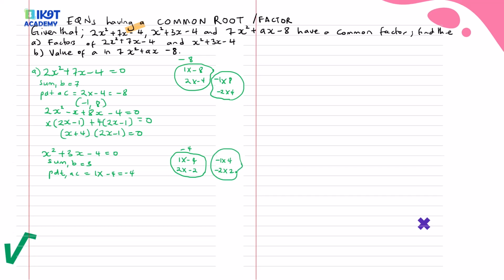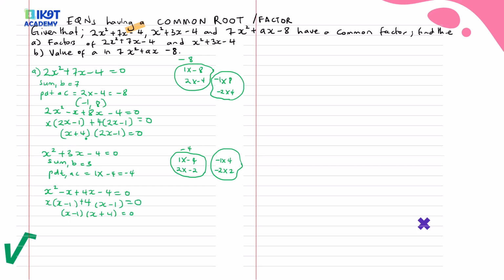We get which of these that when you add will give us 3, and in this case it's negative 1 and 4. So x squared minus x plus 4x minus 4 equals 0. This will be x(x minus 1) plus 4(x minus 1). So I have (x minus 1)(x plus 4) equals 0. Now these are the factors.